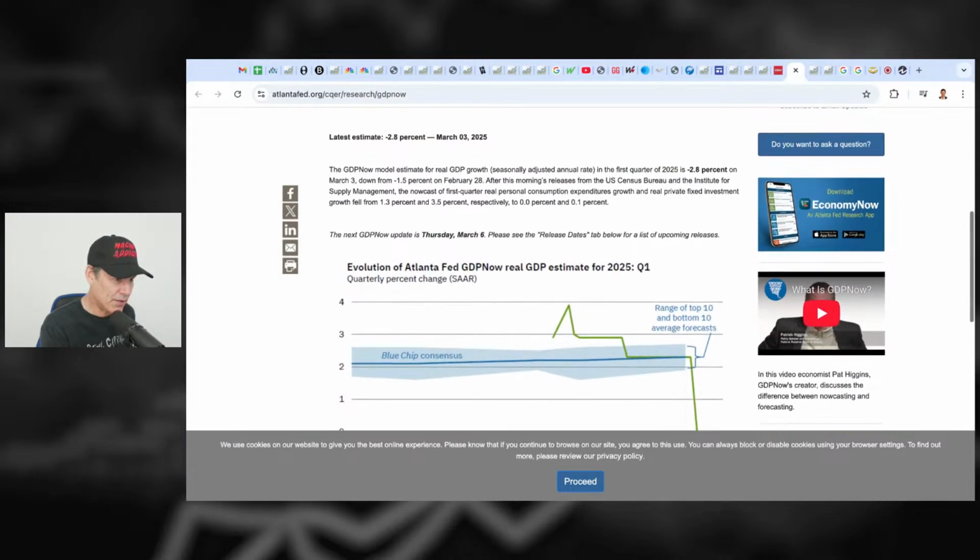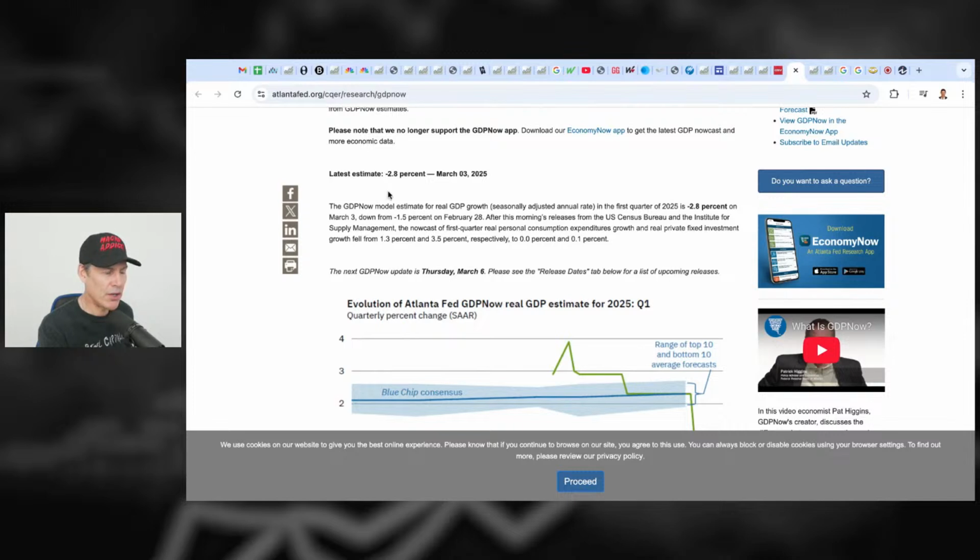Let's see, does it give us an exact? Okay, here you go. Latest estimate, minus 2.8. Actually, let me read this. GDPNow model estimate for real GDP growth in the first quarter of 2025 is negative 2.8% on March 3rd, down from negative 1.5% on February 28th.